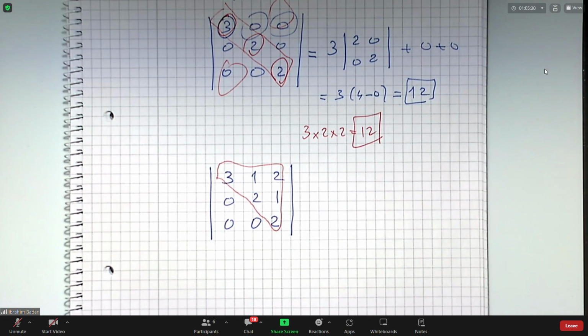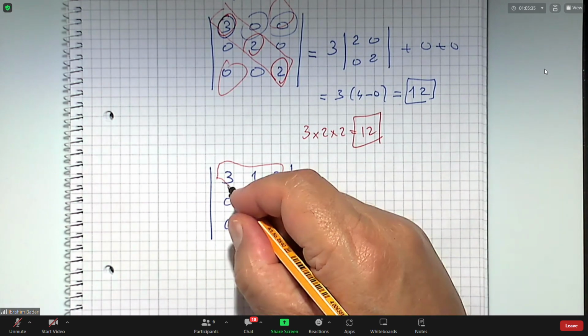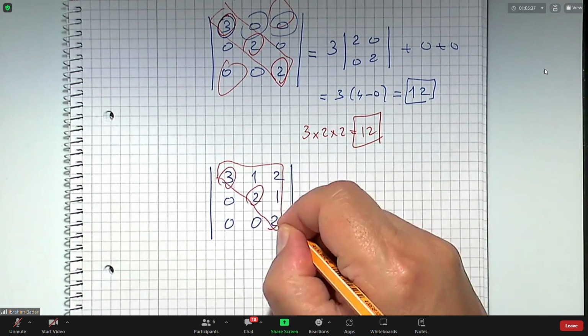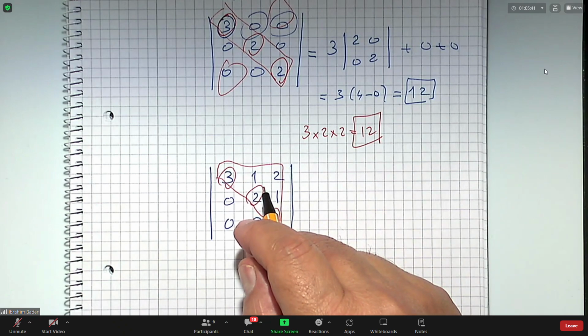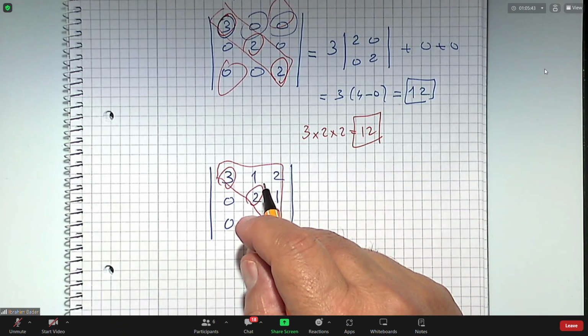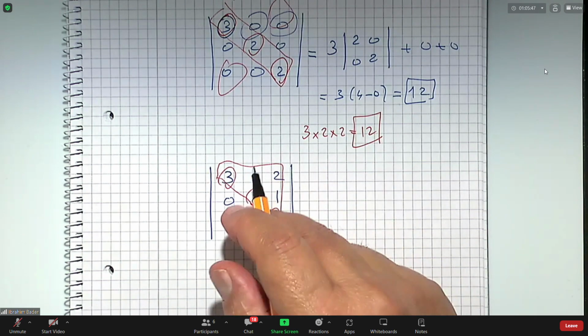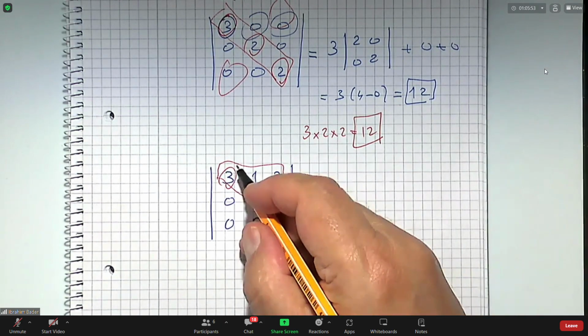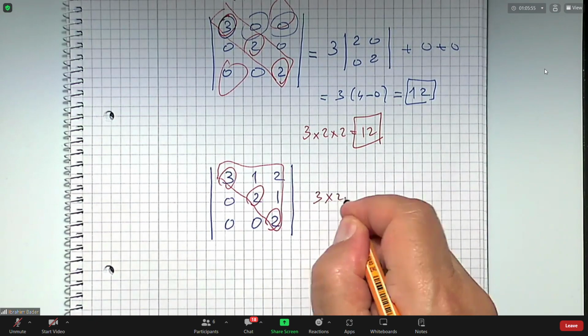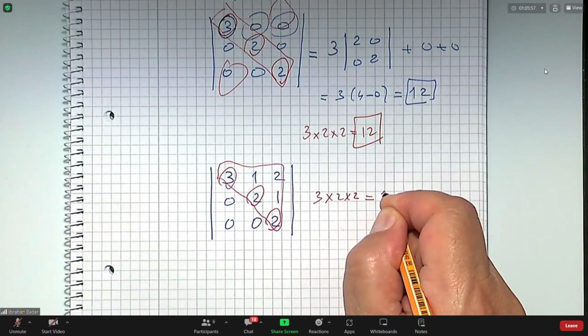Okay, so you also got 12, right? Which is true, which is multiplying the diagonal values. So that means wherever you have a matrix in upper triangular form, or only the diagonal with all other values 0, you just multiply the main diagonal values and you are there.